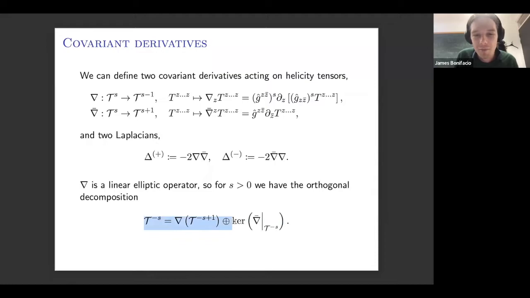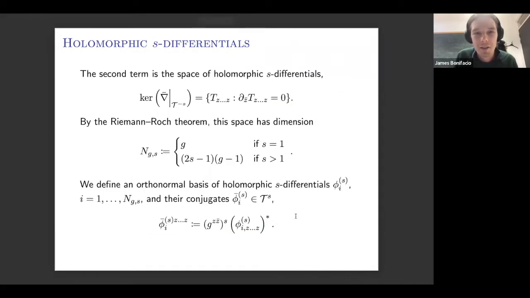And this second term here is the space of holomorphic s differentials. So this means the tensors of helicity minus s which are holomorphic. By the Riemann-Roch theorem, we know that the dimension of this space of holomorphic s differentials is a topological invariant. So I can write it in terms of the genus like so.